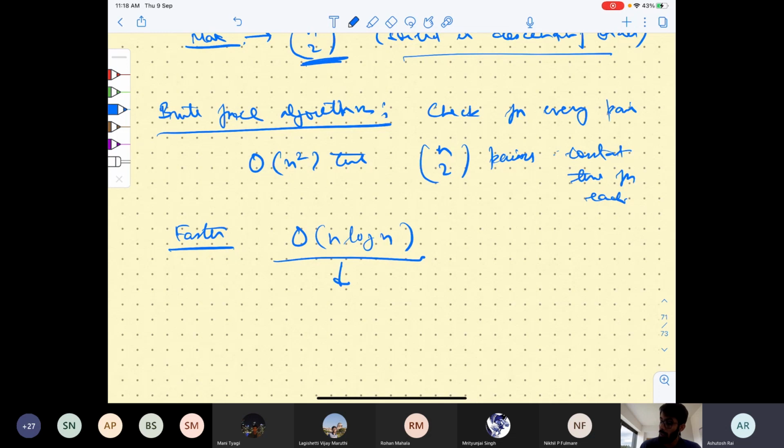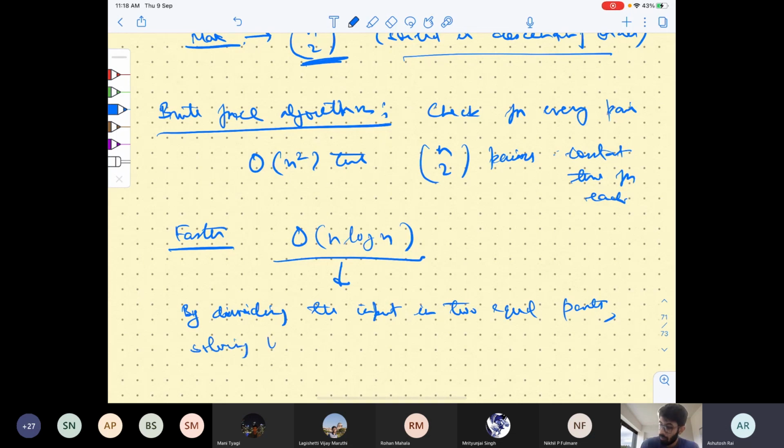We could achieve order n log n by dividing the input into two equal parts, solving them recursively, and then combining them in order n time.